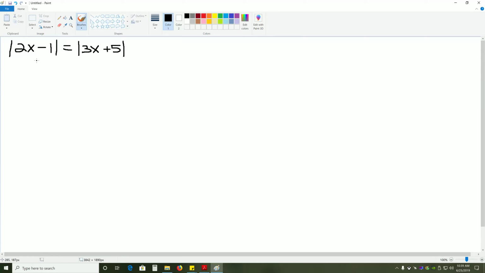into two separate problems. Remember that if you have an absolute value of a variable equal to some number, for instance, let's say 2, then let's think about what two problems would solve that, what two values would solve this equation. If we did the absolute value of 2, we would get 2.